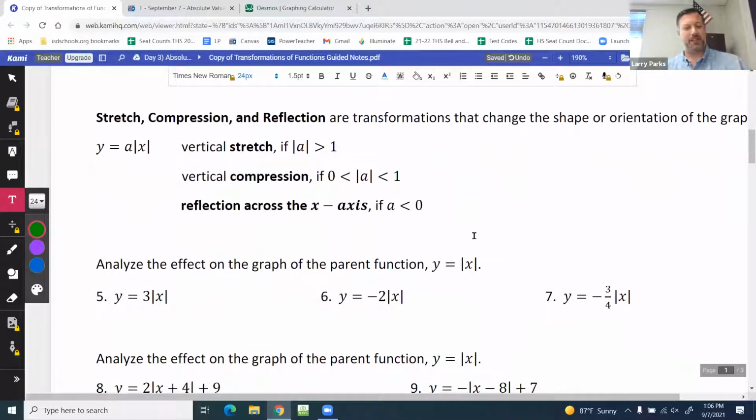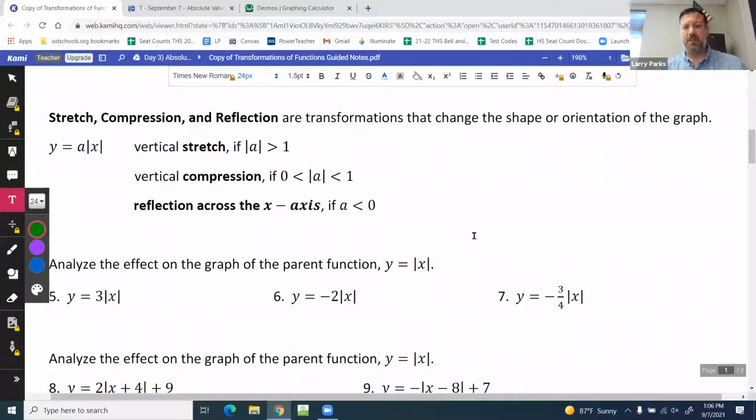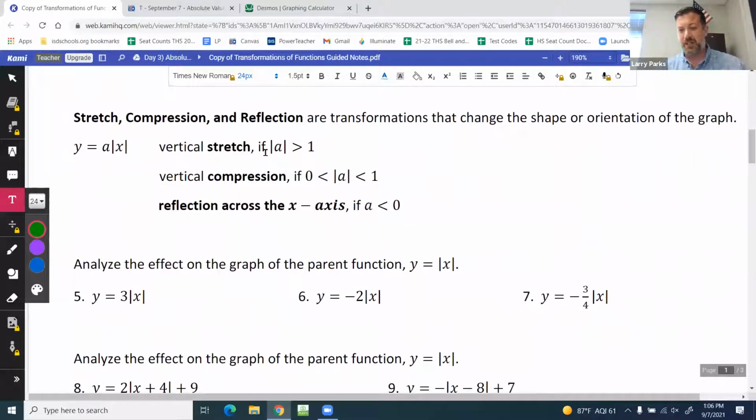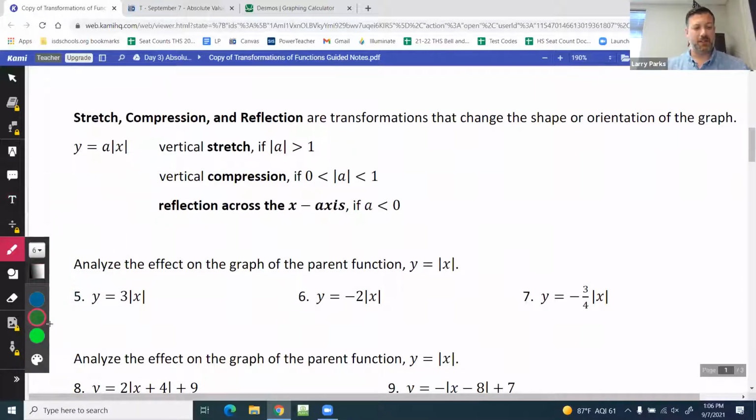Not only can you shift left and right, up and down, but you could also change the shape a little bit. Okay, so if you wanted to stretch it, you just make that number bigger than 1 that's in front. So if this number right here is bigger than 1, it stretches it.